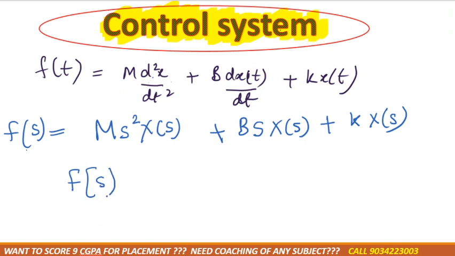If I take x of s common, then what would be m s square plus bs plus k, right?